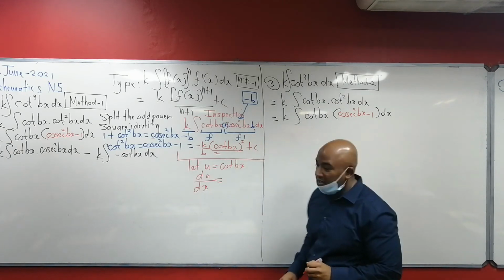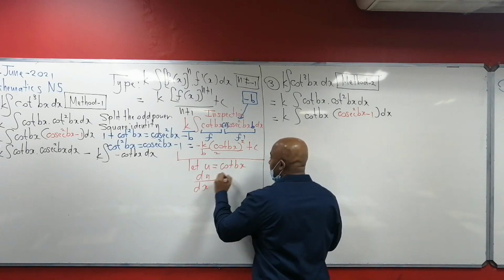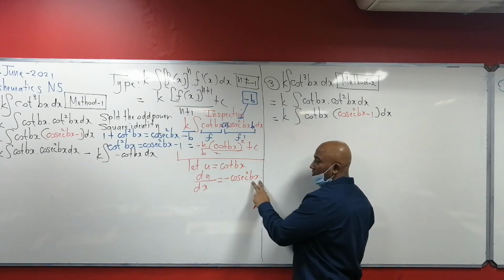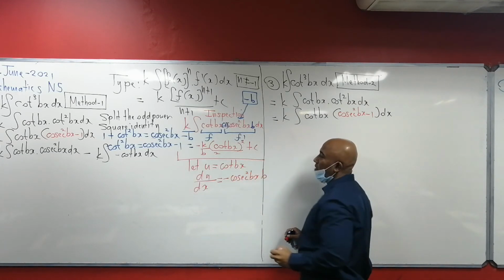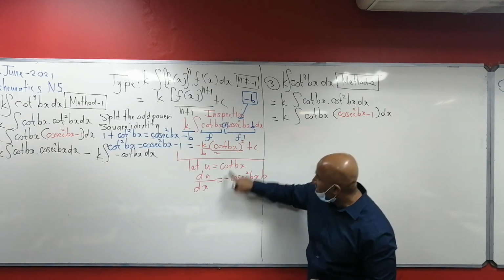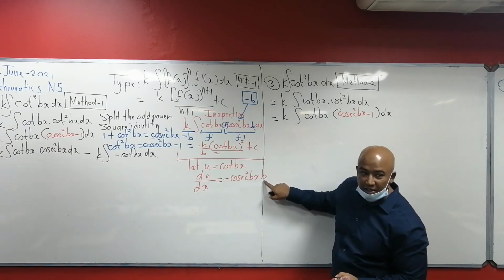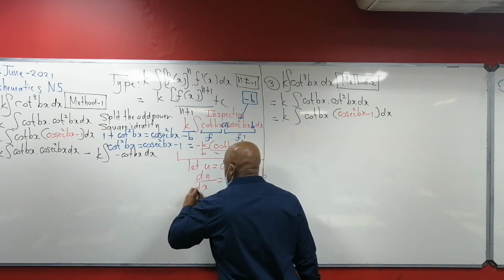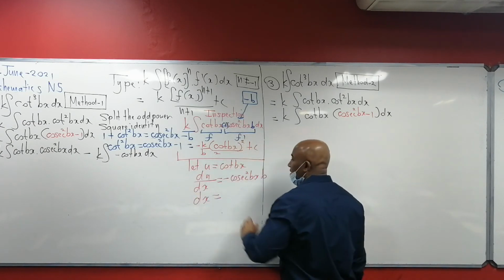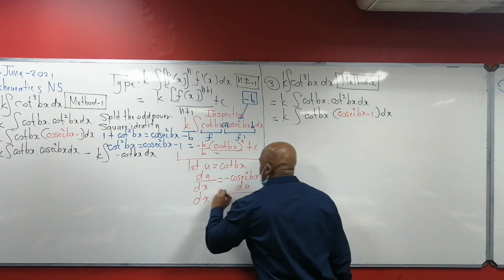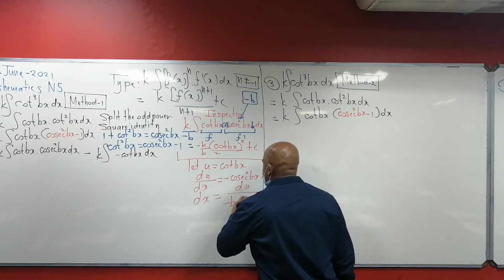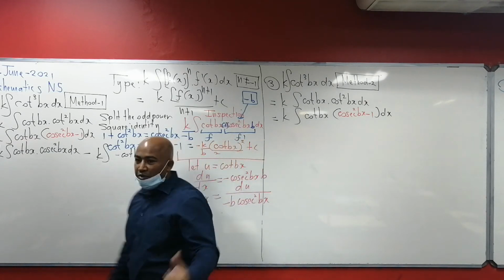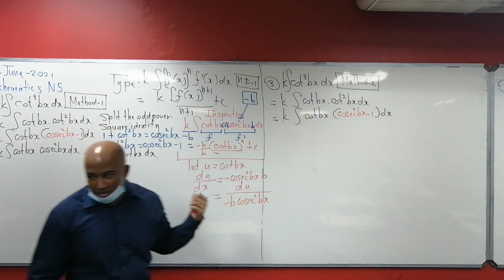The exact derivative of cot is going to be negative cosec squared bx times the derivative of bx, which is b. There you can see there's the negative here, there's the b there, that was the exact derivative. Make dx the subject of the formula. So dx is going to equal du divided by minus b cosec squared bx. The only time you will get this wrong is if you don't know your differentiation.